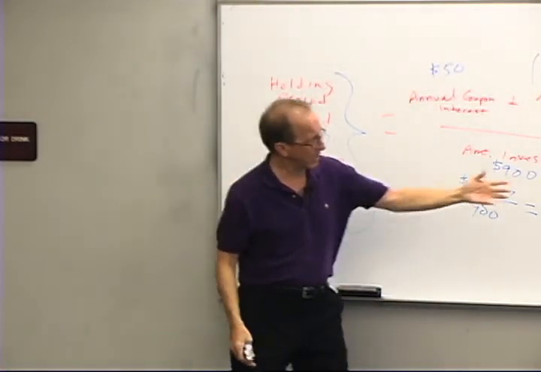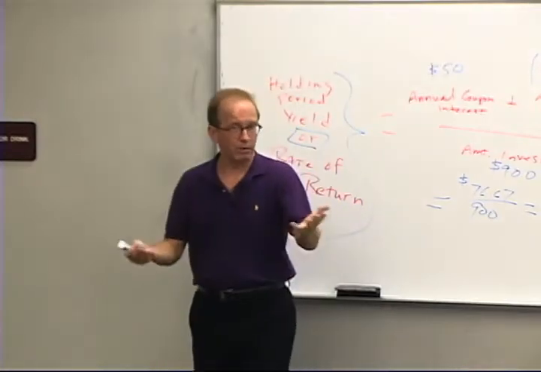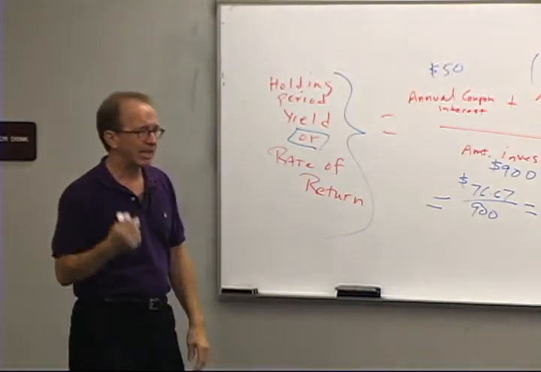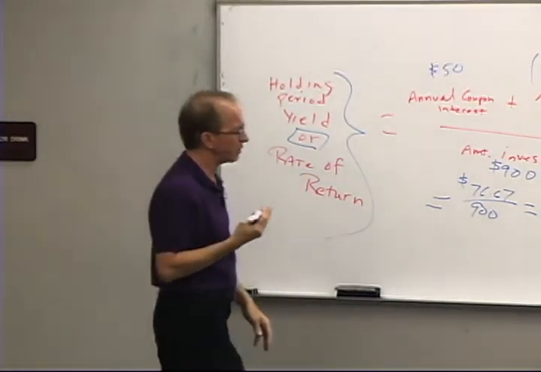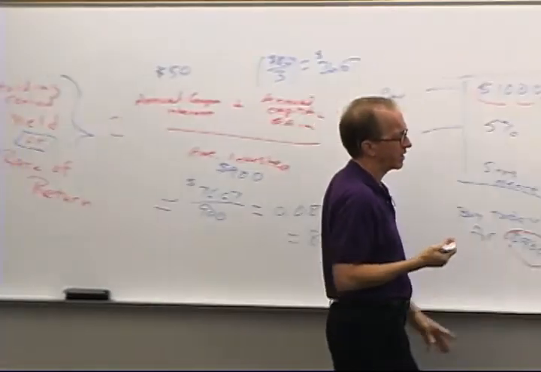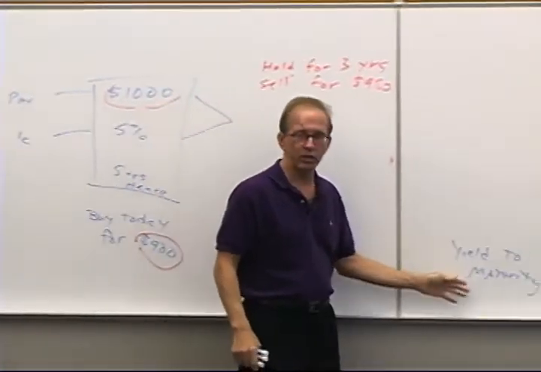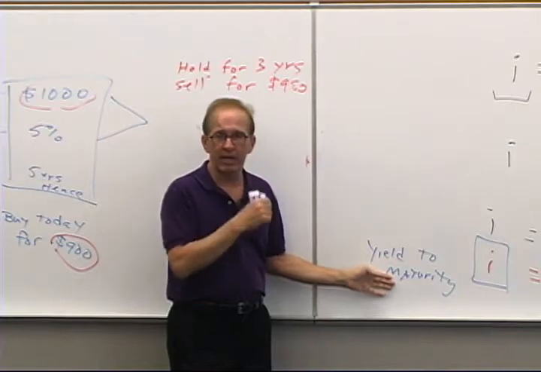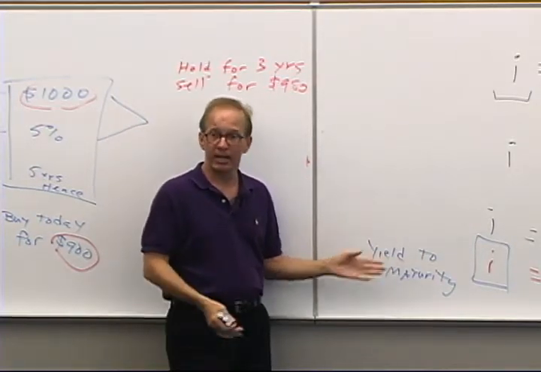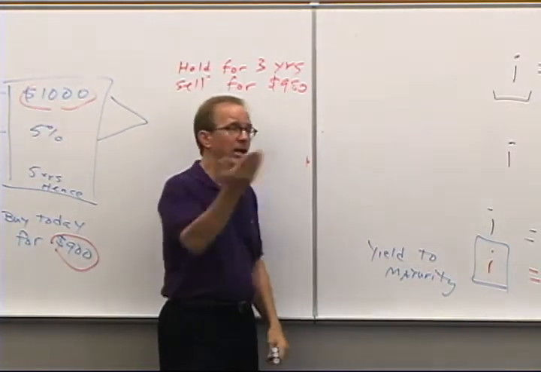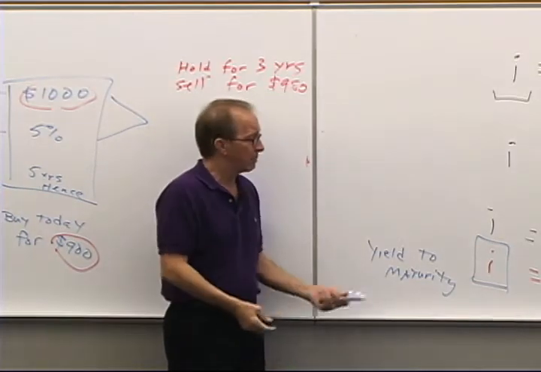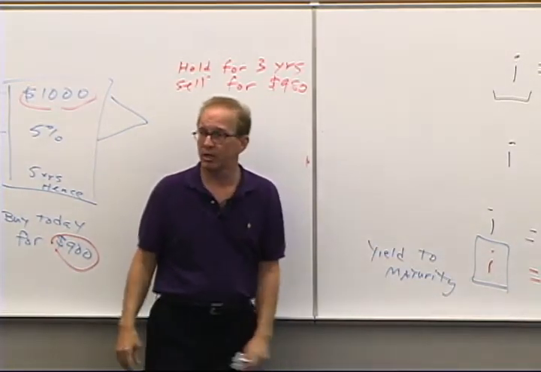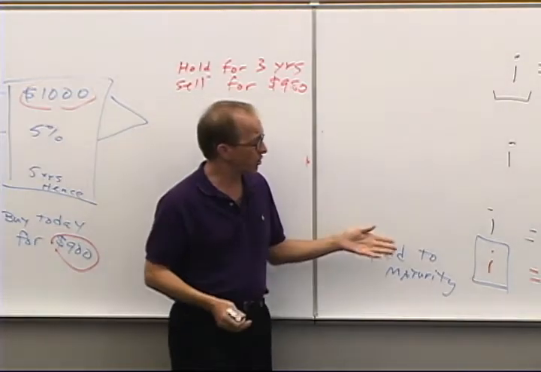If it's a bond, we had an example of a bond. It's a 5-year bond, but we held it only 3 years. Now, something I want to emphasize: you can calculate yield to maturity before you buy the bond. You can go, hey, if I buy that bond today and I hold it till it matures 5 years from now, my rate of return will be 7.78%. Because all those numbers are locked in.